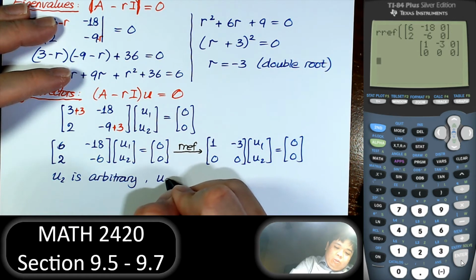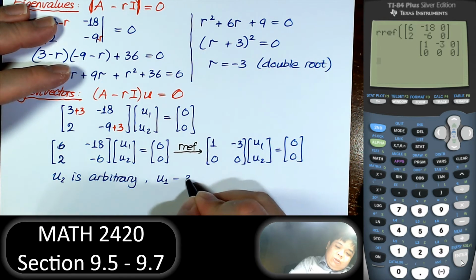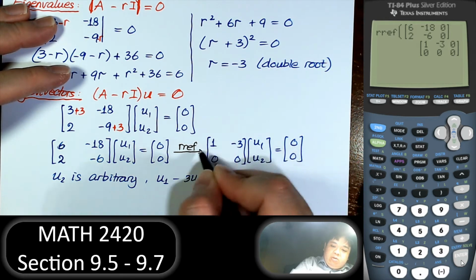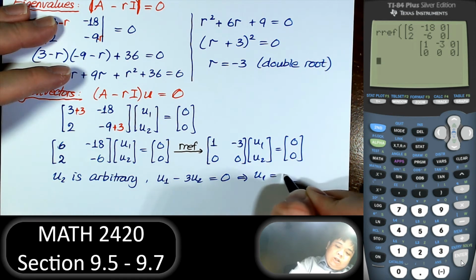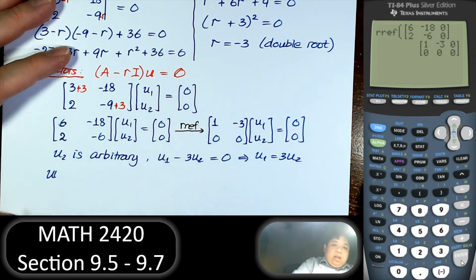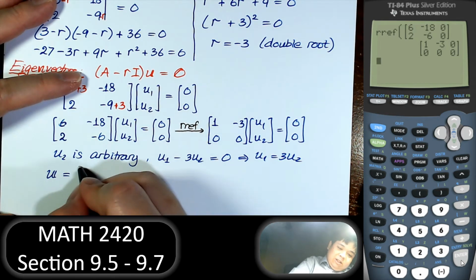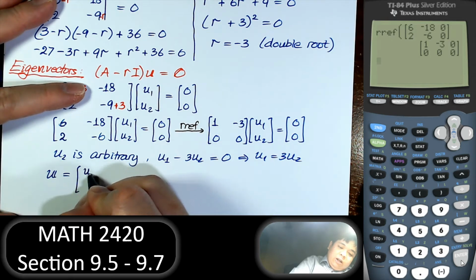And U1 minus 3U2, the first row equal to 0. So U1 is 3U2. So I will write the solution. U is equal to [U1, U2].